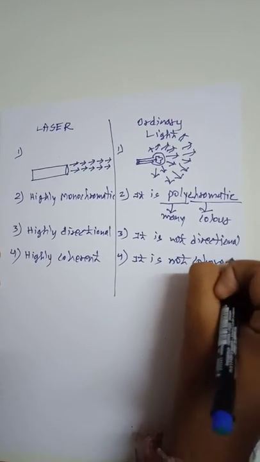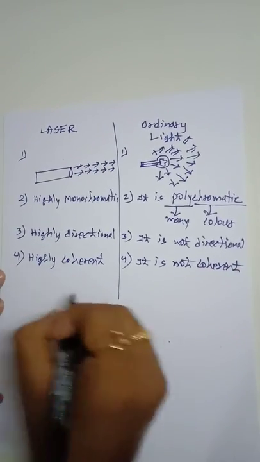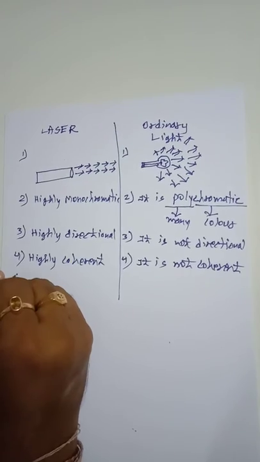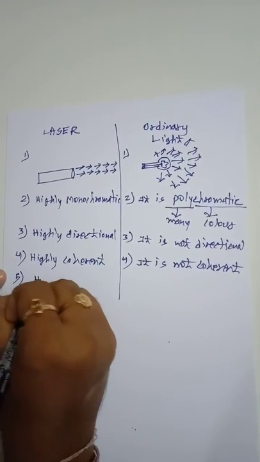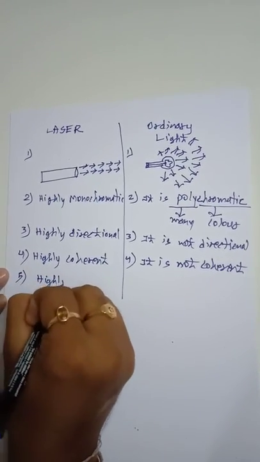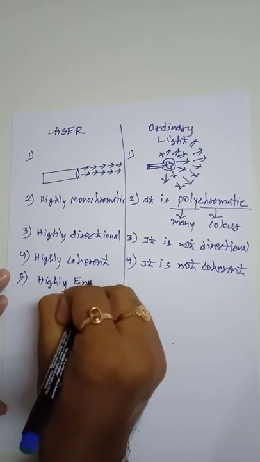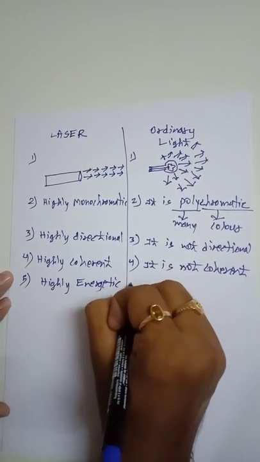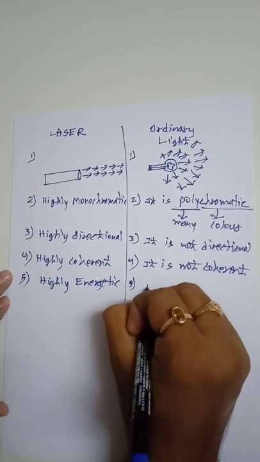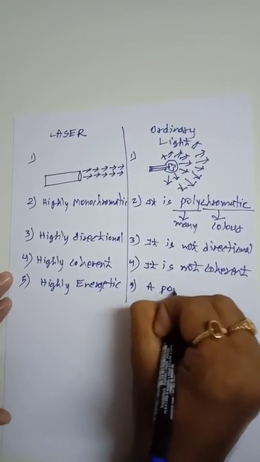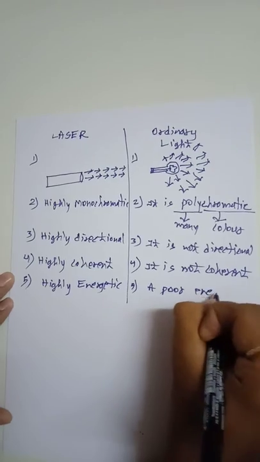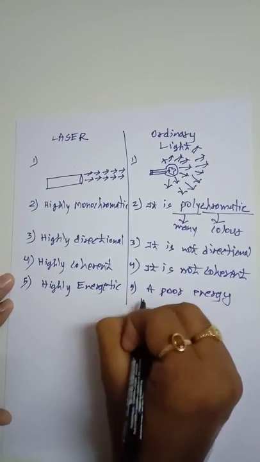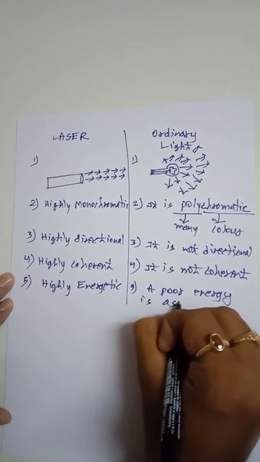When we talk in terms of energy, the laser beam is highly energetic, whereas poor energy is associated with ordinary light.